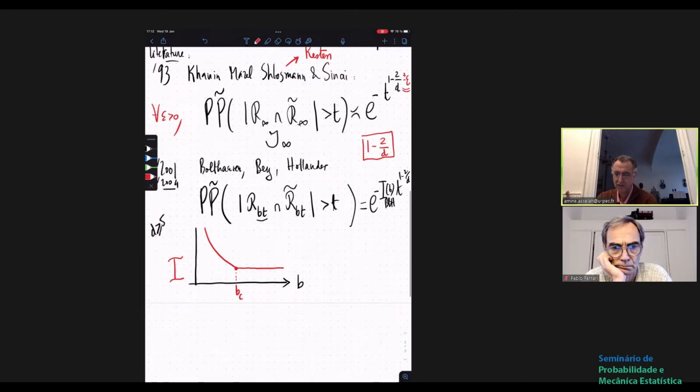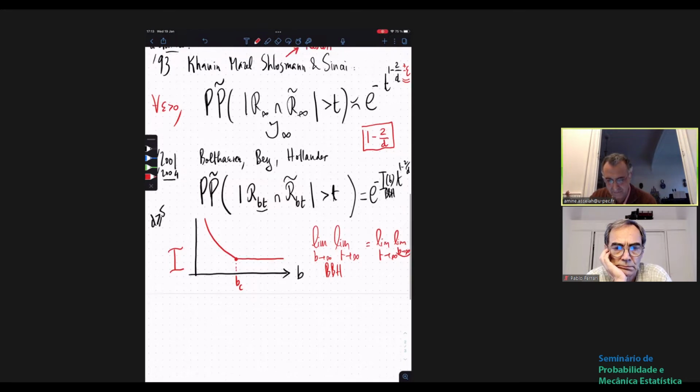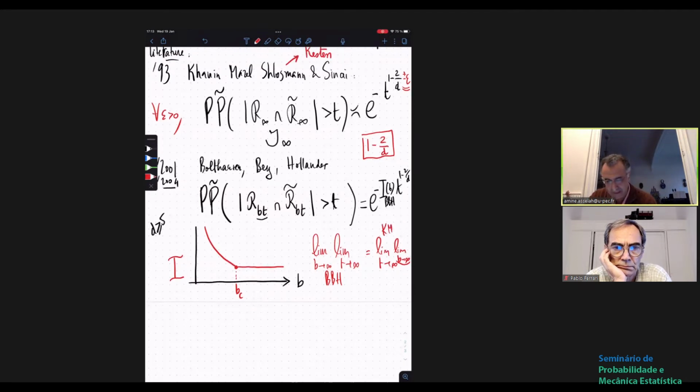And so the conjecture is that the two limits would exchange, that the limit when B goes to infinity and T goes to infinity that they treated, so this is BBH, would be the same as when you first take B to infinity, so you look at the infinite range problem, and this is really the problem that Kesten first looked at, and Hanin, Mazel, Schlossman, Sinai solved. That's their conjecture.